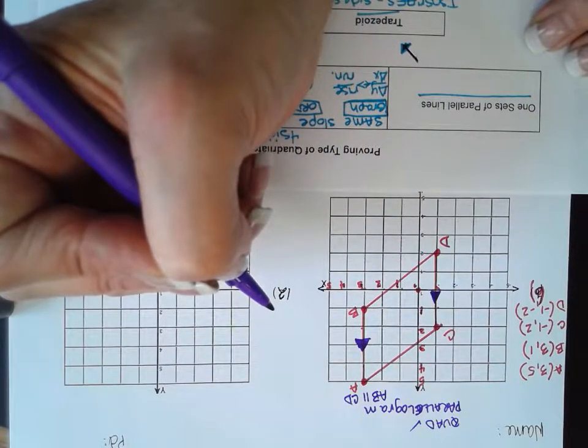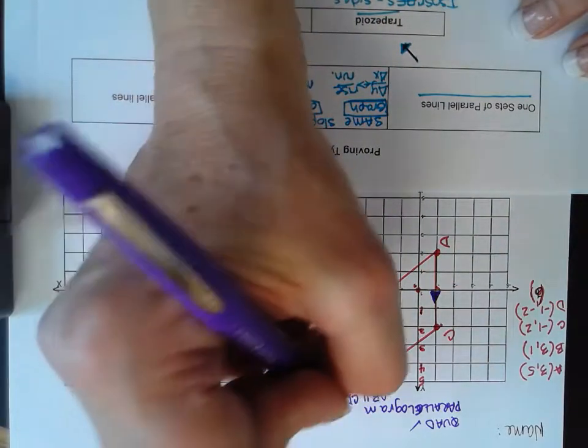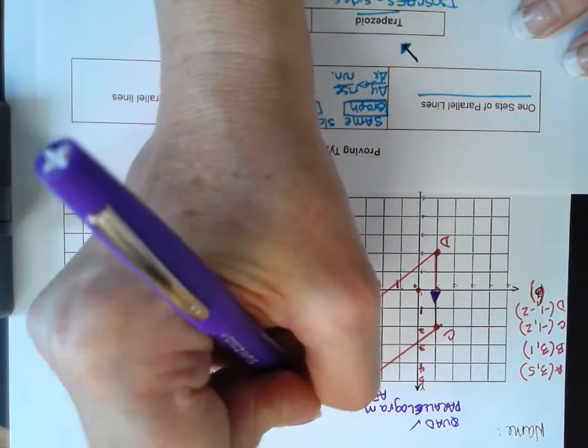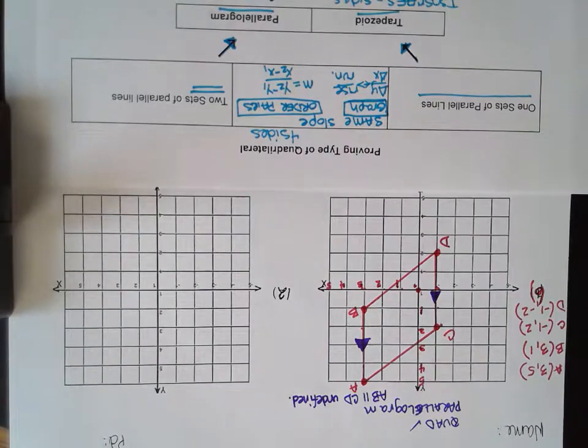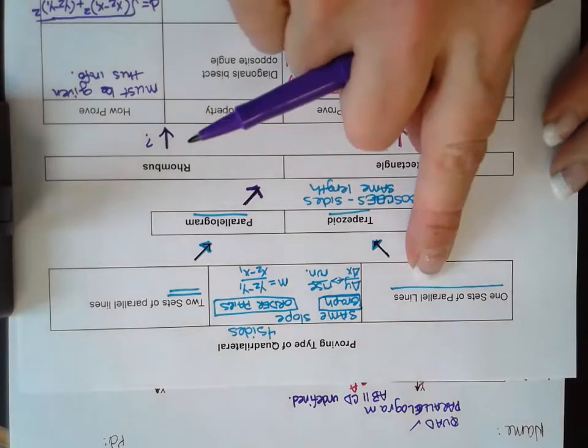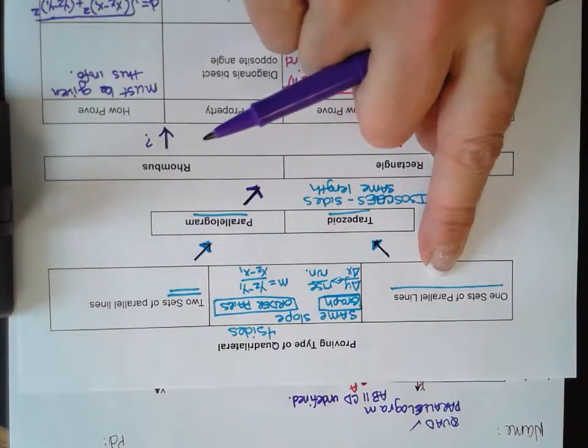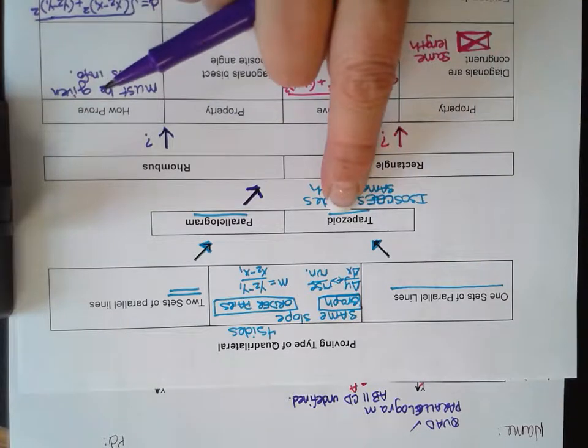They're vertical lines, so what is the slope? Undefined. Perfect. At the bare minimum, if I have one set of parallel lines, that means I have a trapezoid.